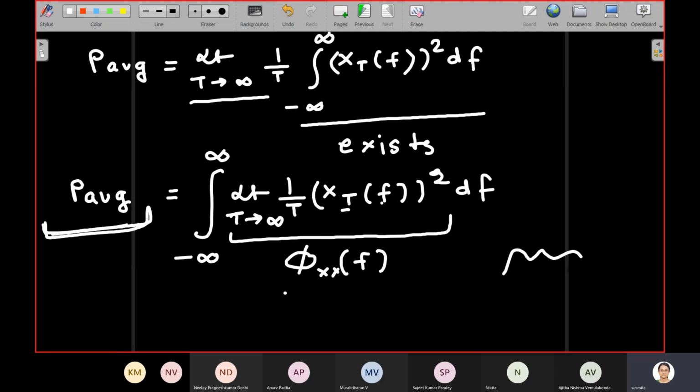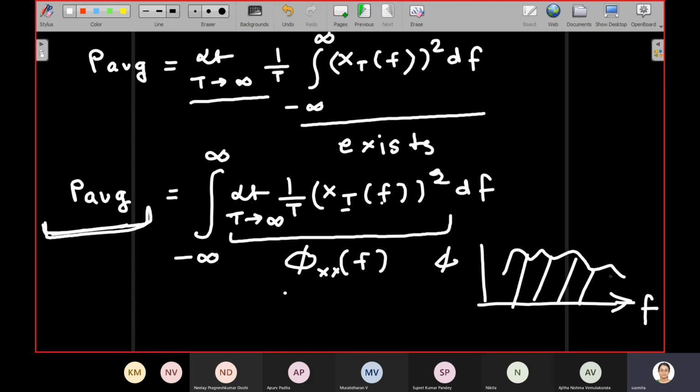We have this phi for different values of f, and by doing the integration, we are actually calculating the area, and that area is nothing but the average power, right? So basically this is sort of a density, and this phi is called the power spectral density for a deterministic signal.